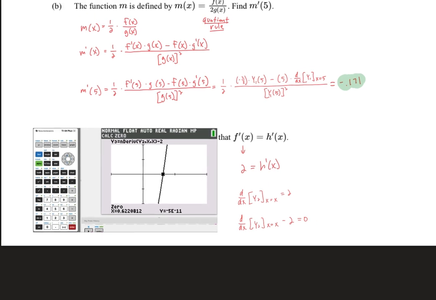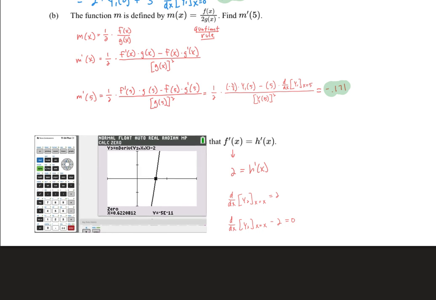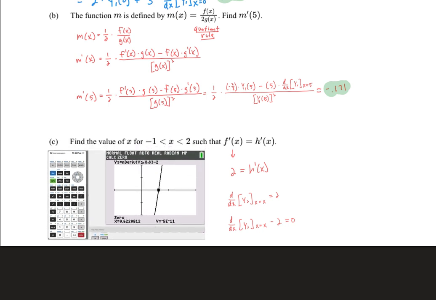Let's write that down. Okay, let's see, what was the question again? Find the value of x. So at x equals 0.622, f prime of 0.622 equals h prime of 0.622.